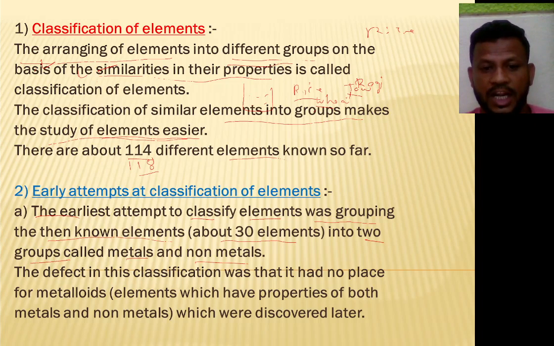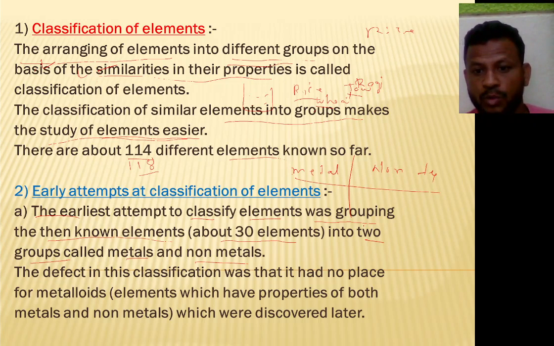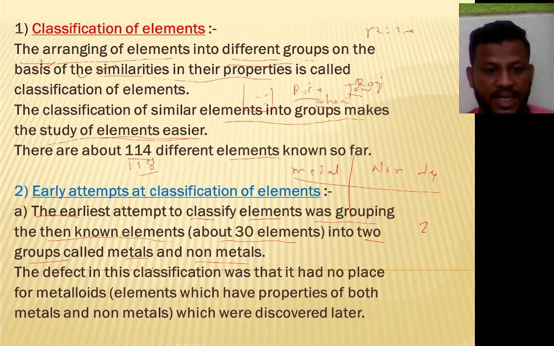It means earlier we knew there were metal elements and non-metal elements. These 30 elements were known at that time, and they were classified into 2 groups. One is the metal group, another one is the non-metal group.